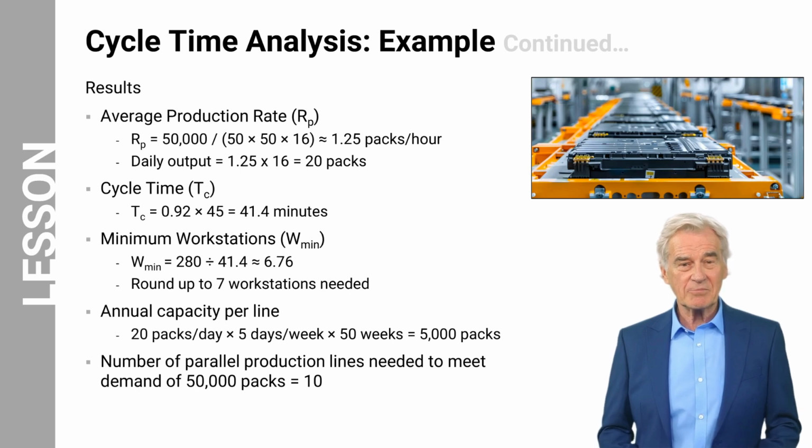Now, the annual capacity per line is 20 packs per day multiplied by 5 days per week times 50 weeks, which equals 5,000 packs. In order to meet the annual demand of 50,000 units, the number of parallel production lines required is 10. With 10 parallel lines producing 20 packs a day each, the daily production is 200 packs, weekly production is 1,000 packs, and annual production is 50,000 packs.